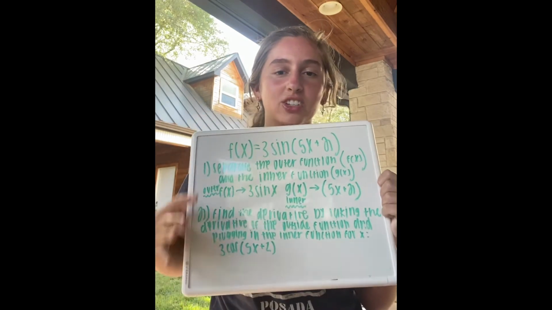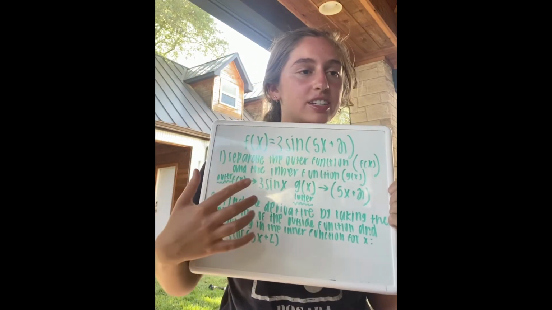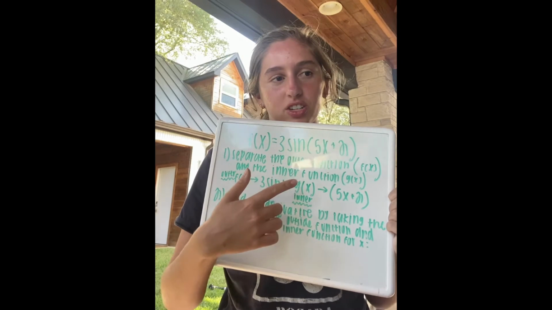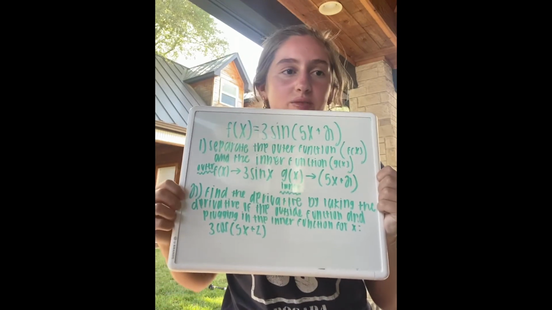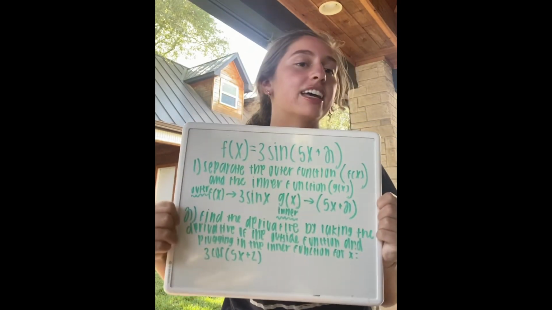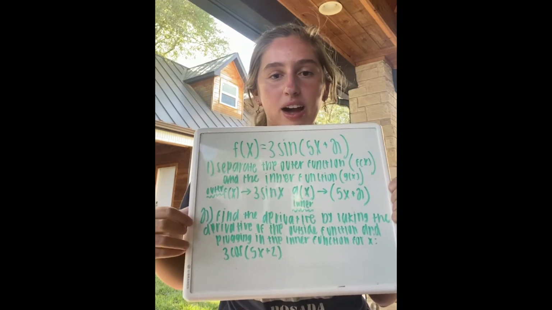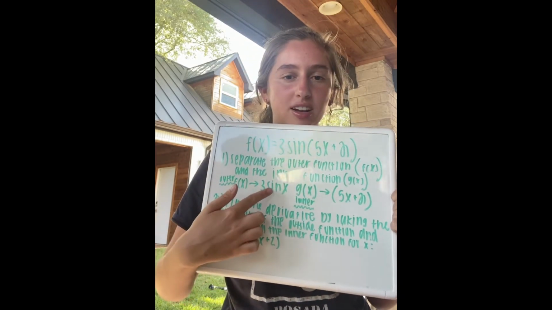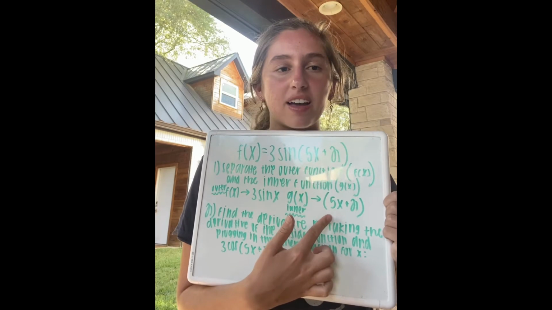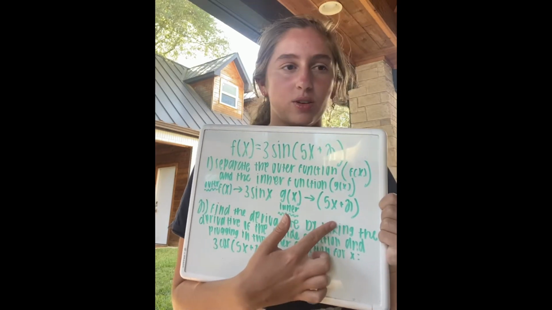Say we have the function f of x equals 3 sine of (5x plus 2). First, separate the outer function f of x and the inner function g of x. The outer function would be 3 sine of x, and the inner function would be 5x plus 2.